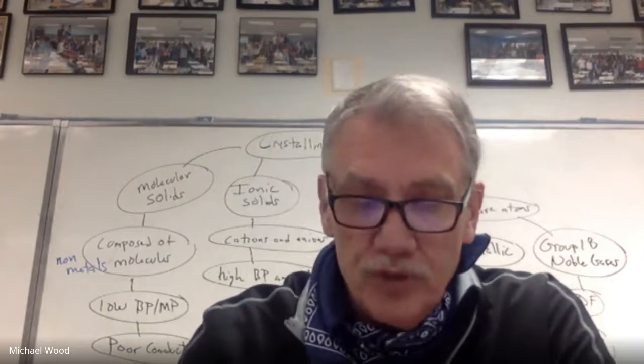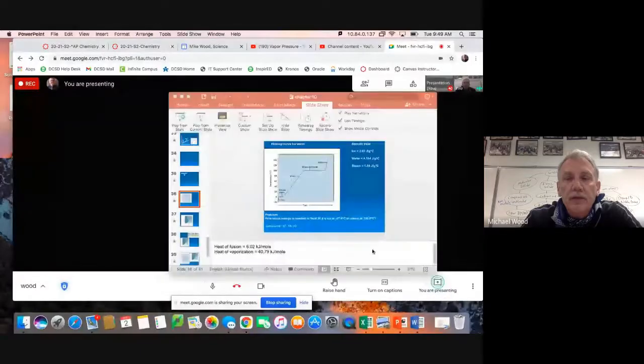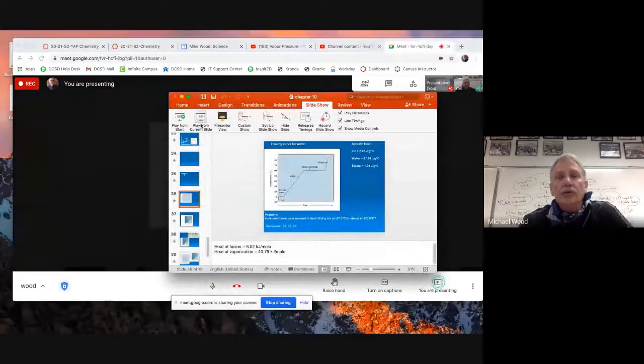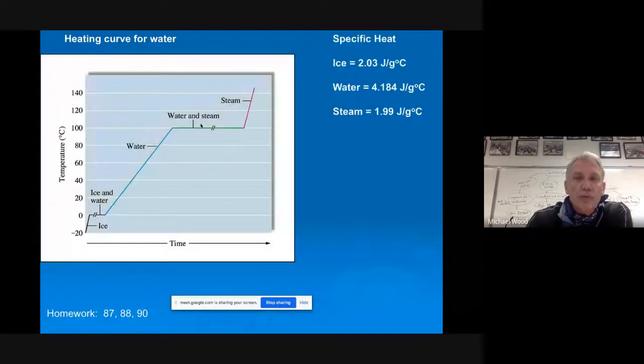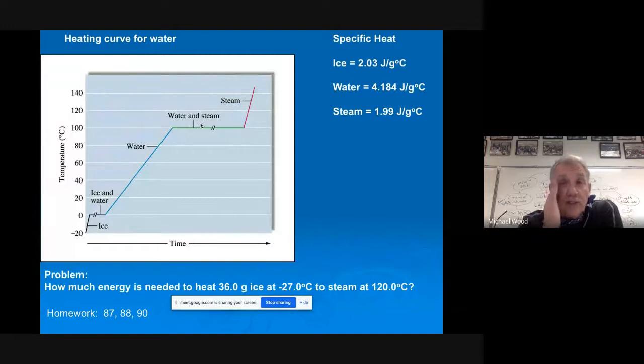And that's the highlight of the lesson. So, okay. I want to pick back up to where we left off. I want to do this problem. So here was the problem I had in the notes. This is where we finished in the notes. To do a problem like this, you have to be given the specific heats of ice, water, and steam.